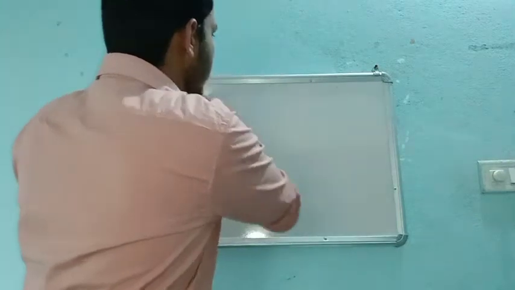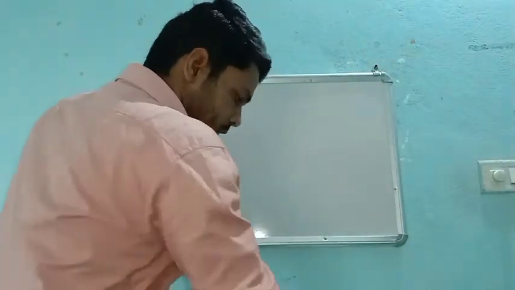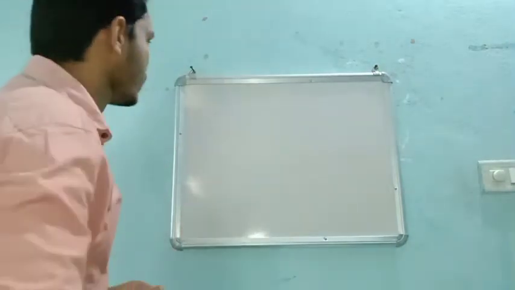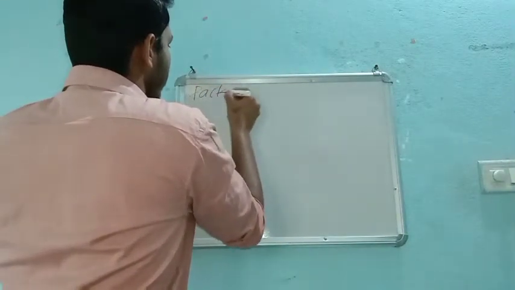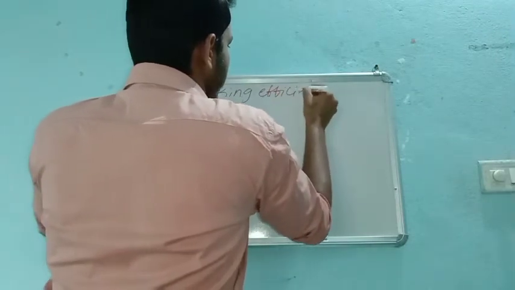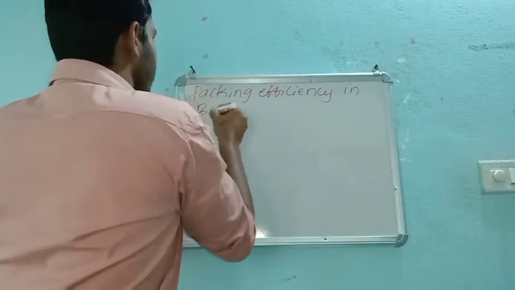Again, this is a very important part. Among these three, anyone can be asked in your main examination. So let us see the packing efficiency in a BCC type of unit cell.